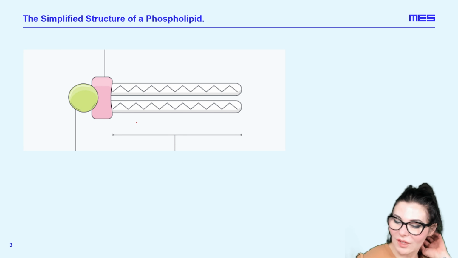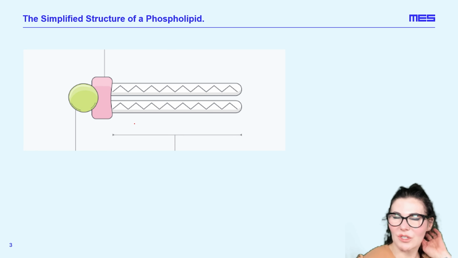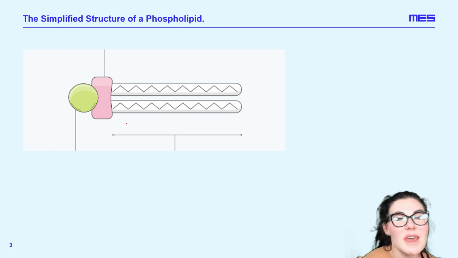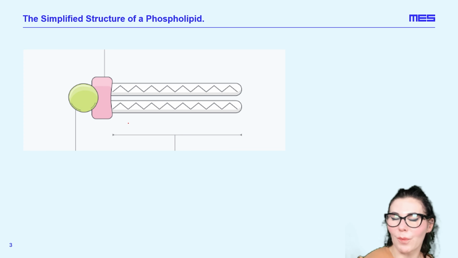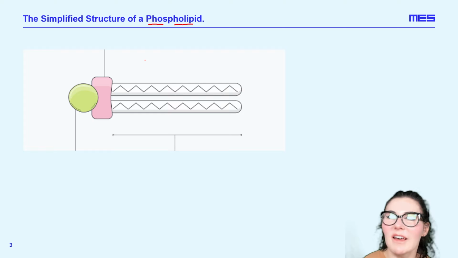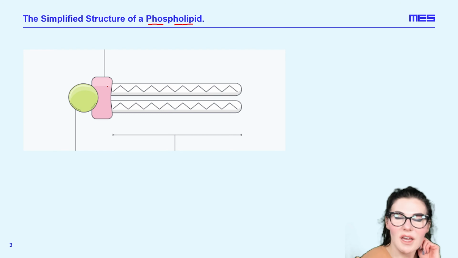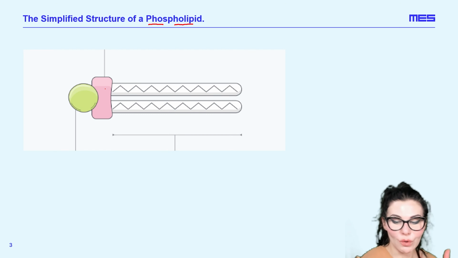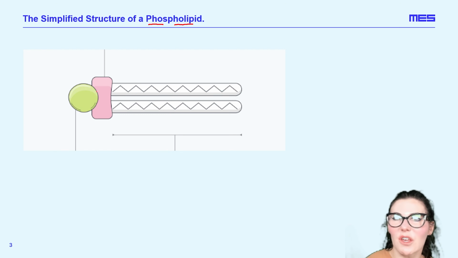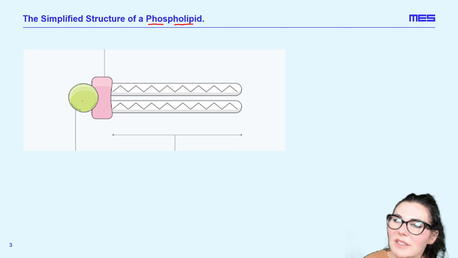So we're going to look a little bit more at this idea of the bilayer, which is all to do with the main structure that makes up the biological membrane, which is the phospholipid. Different to a triglyceride. Triglycerides, if you recall from your first area of biological molecules, is a molecule made up of glycerol and 3 fatty acids.